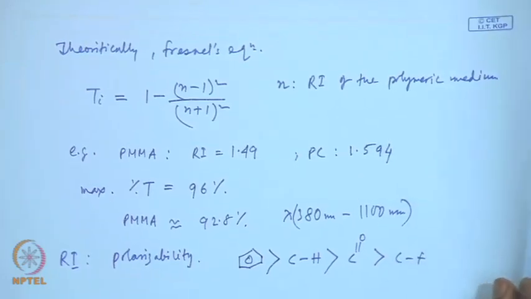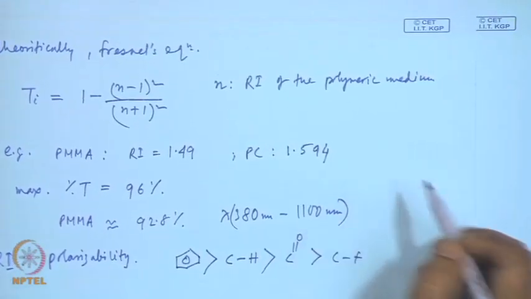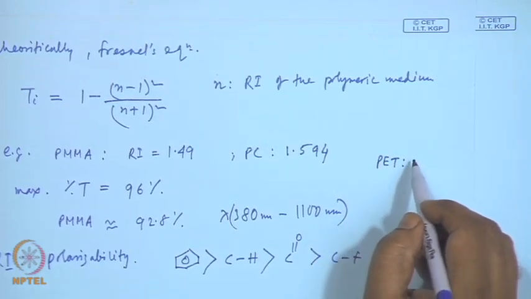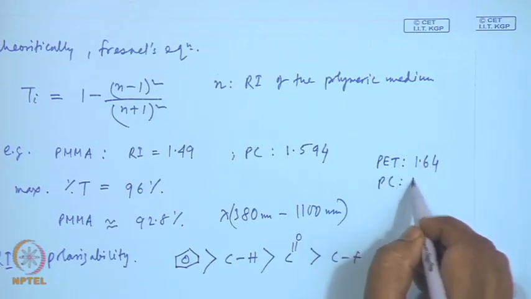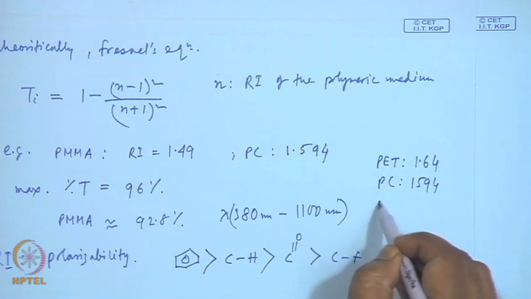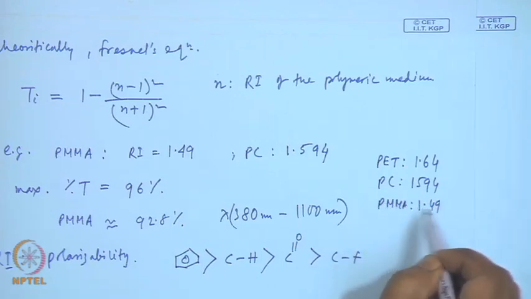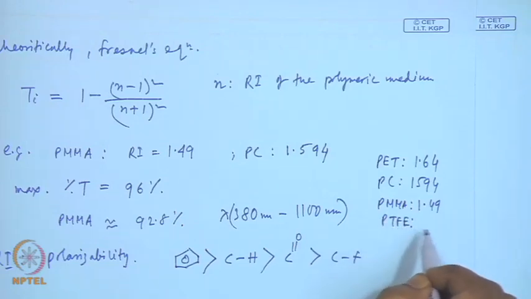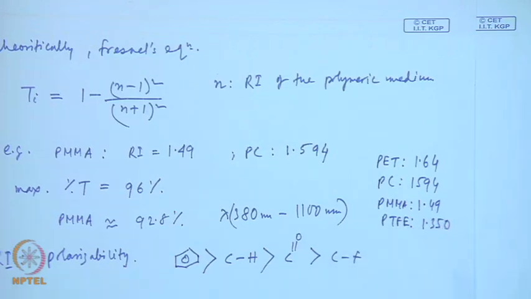So, the values of refractive index, if I write, then say PET, polyethylene terephthalate, will have a value of say 1.64, PC we just write 1.594, PMMA 1.49, and say PTFE, polytetrafluoroethylene, will have an even lower refractive index.